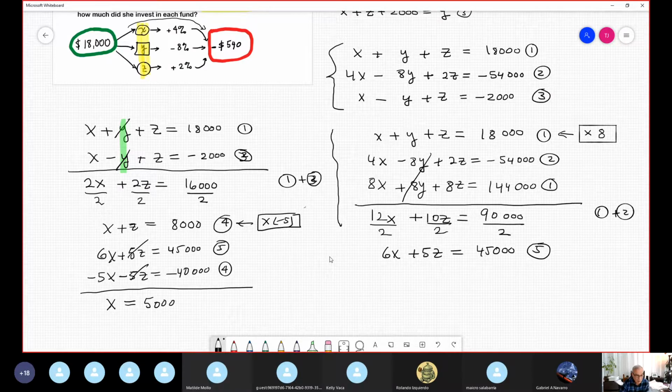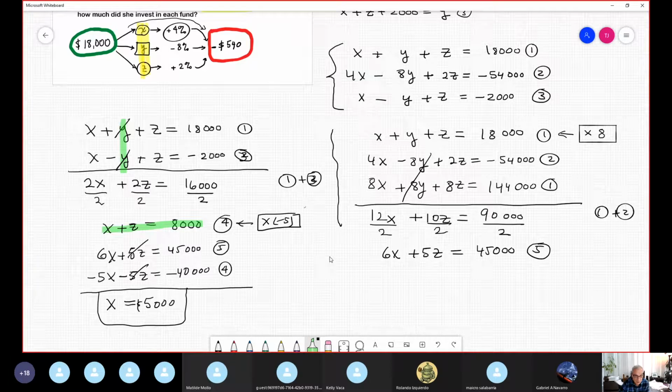What means 5,000? $5,000, Janet, invested in the account that corresponds to 4%. I need to find everything. Now in order to find, for example, C, I come back to the easier equation, which in my opinion is this.